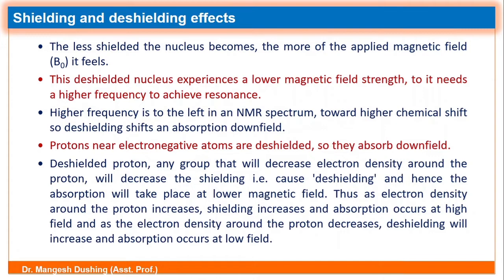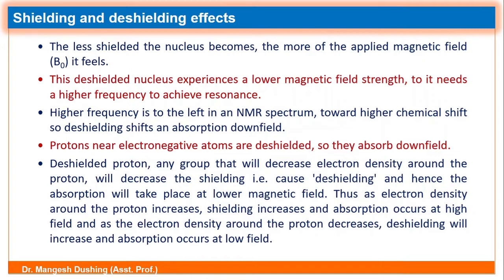So any group or atoms in the molecule that exert a plus I effect or plus R effect increase the electron density around that proton. So the shielding will be there. Because the electrons increase, the induced magnetic field also increases.